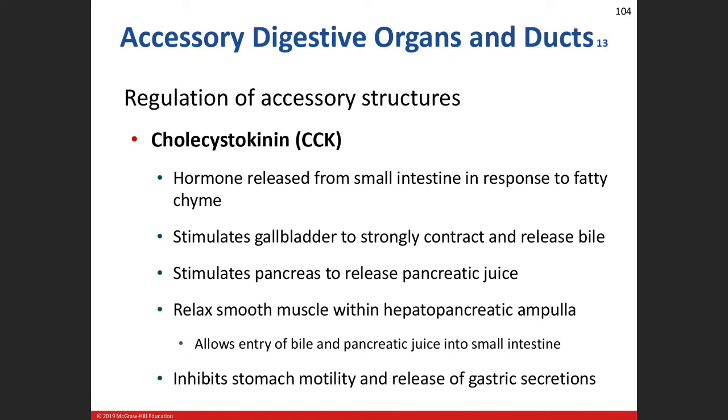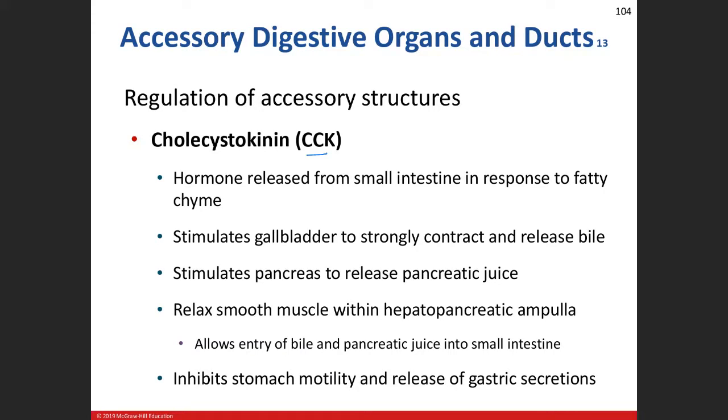But really what we're going to see CCK plays a big role in is when the chyme gets dumped into the duodenum and it has a high fat content, it's going to stimulate the gallbladder to contract. The muscularis layer of the gallbladder will contract, and it'll secrete the bile out of the gallbladder.